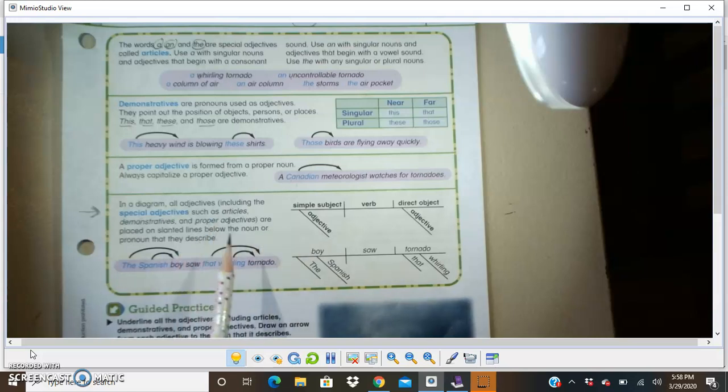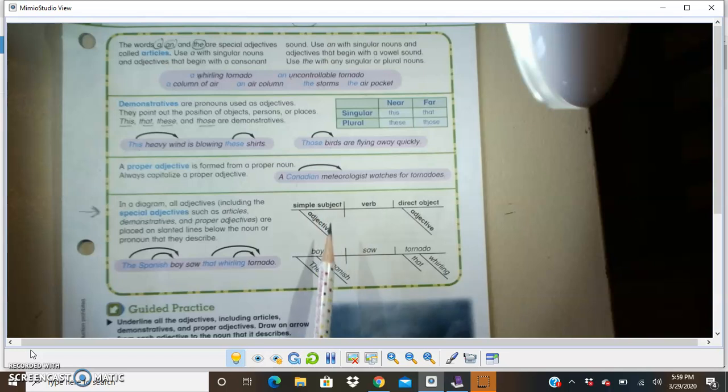Well, this is what I was not seeing on Friday. I saw people labeling your sentence on the line, but you weren't actually diagramming the words on the lines here. And this is what diagramming looks like, like right here, we've done this in class.